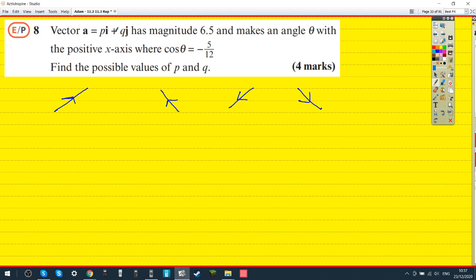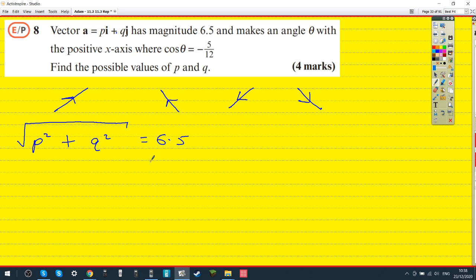The vector A has a magnitude of 6.5, and it makes an angle with the positive x-axis. So if it has a magnitude of 6.5, then we know the square root of p squared plus q squared is 6.5.